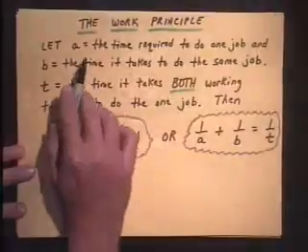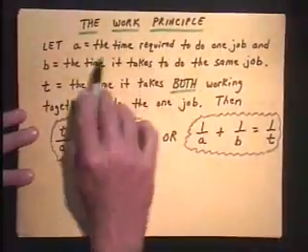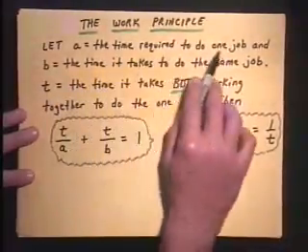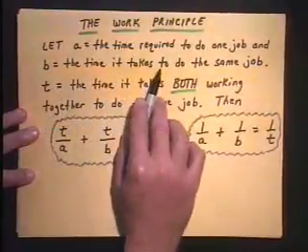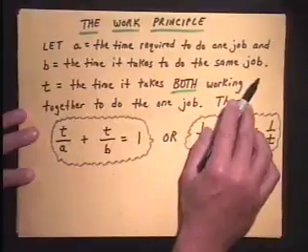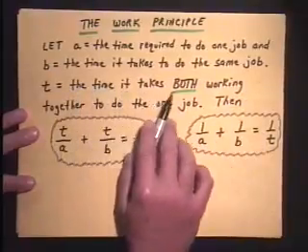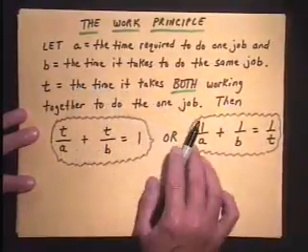All right, so the work principle says this. Let A equal the time required for one person to do a job, and B equal the time it takes another to do the same job. T equals the time it takes both working together to do the one job.